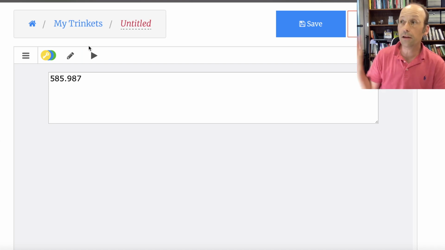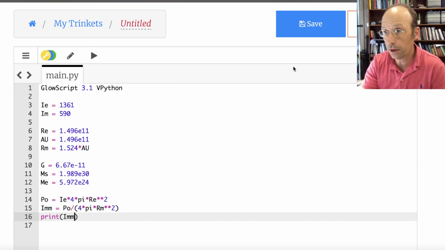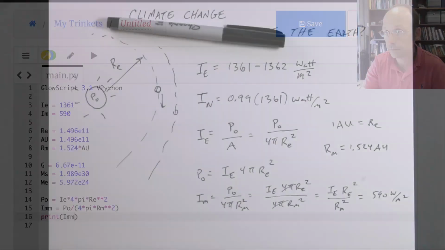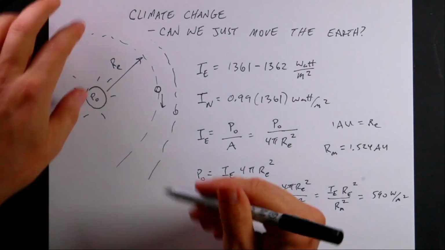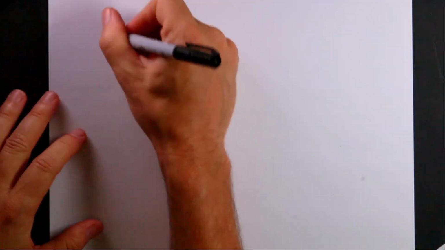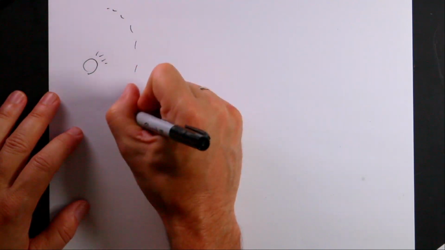Okay. So now let's go back and find out the orbital radius for the new Earth. So let's call this like this. There's my sun. There's the old Earth.